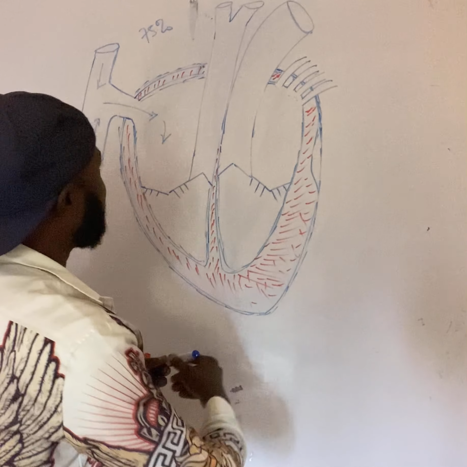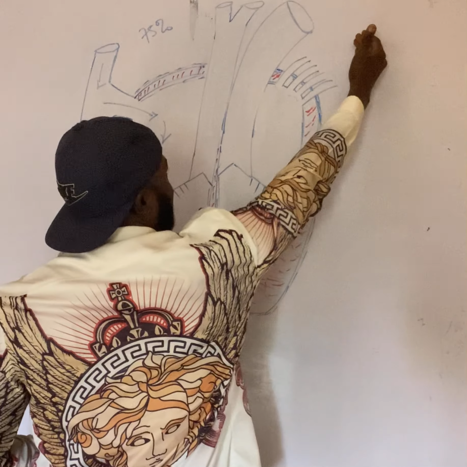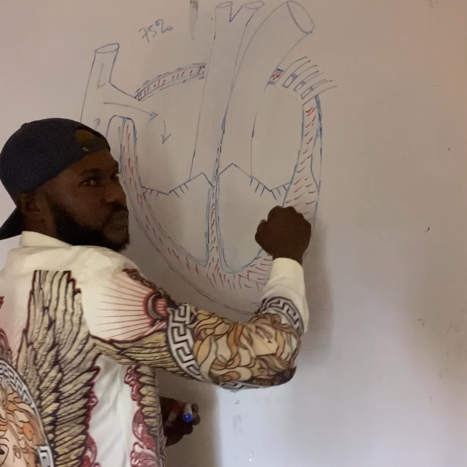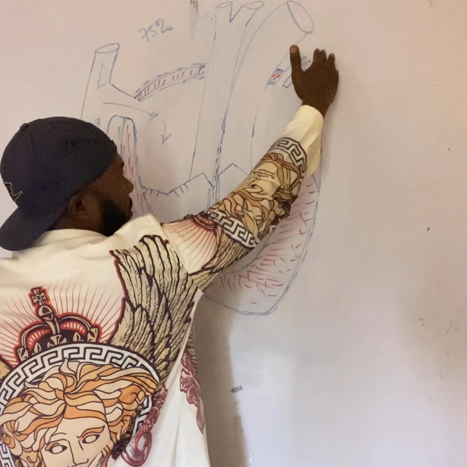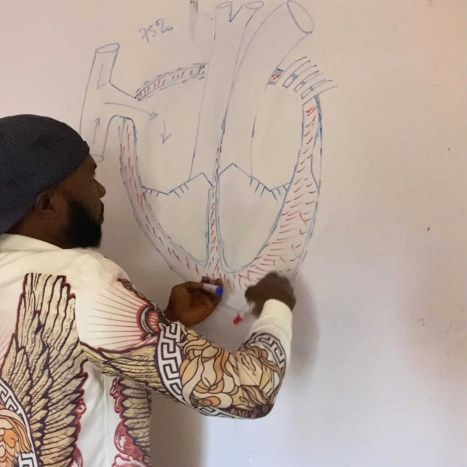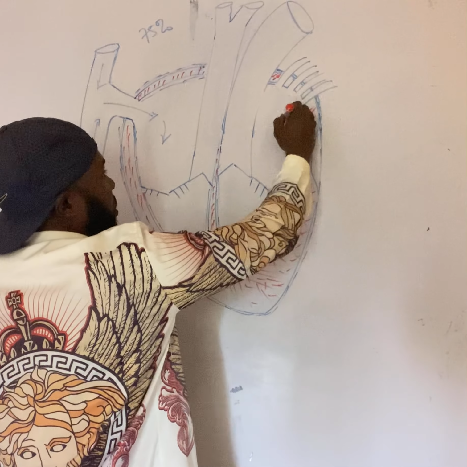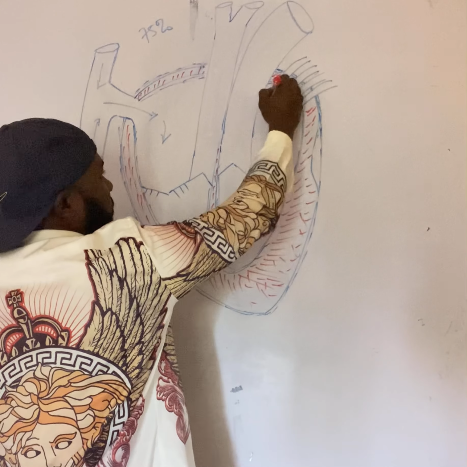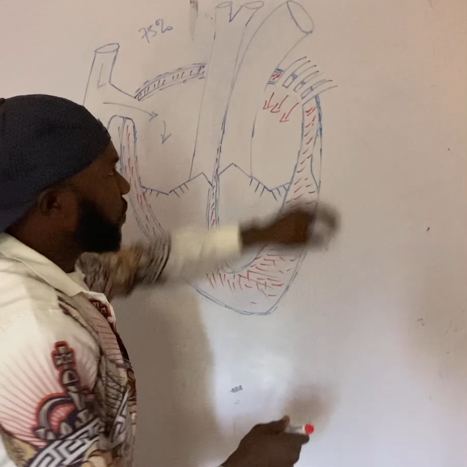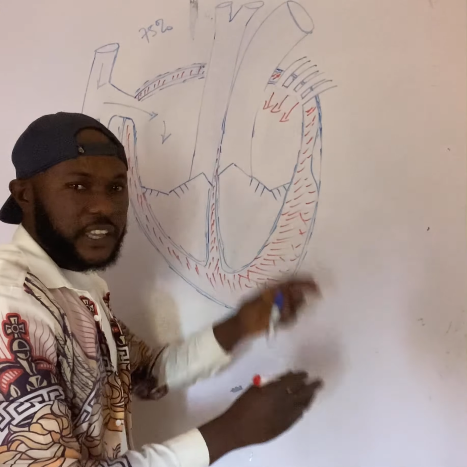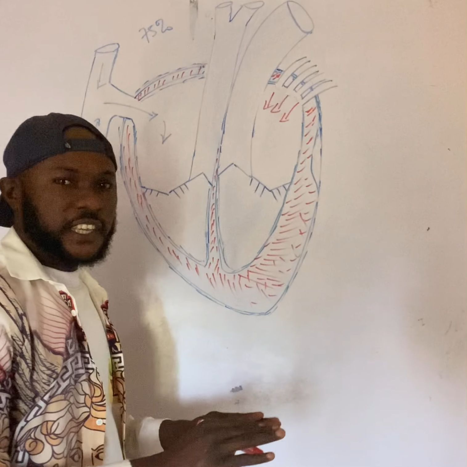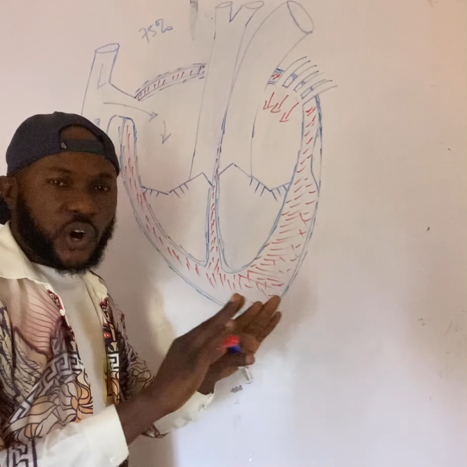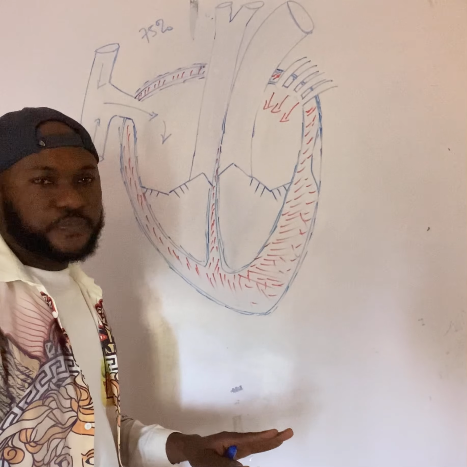simultaneously, blood flows from the lungs through the pulmonary vein to the heart. The pulmonary veins here are the only veins in the body that carry oxygenated blood.